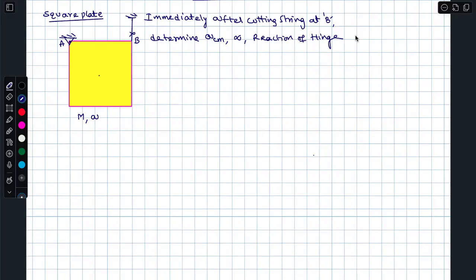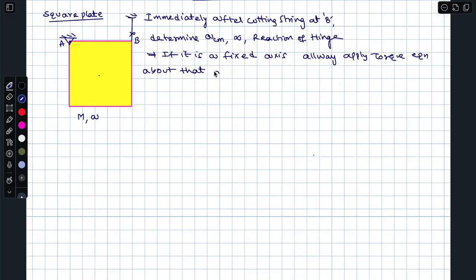Simple. I told you very clearly, if it is a fixed axis, always apply the torque equation about that axis.